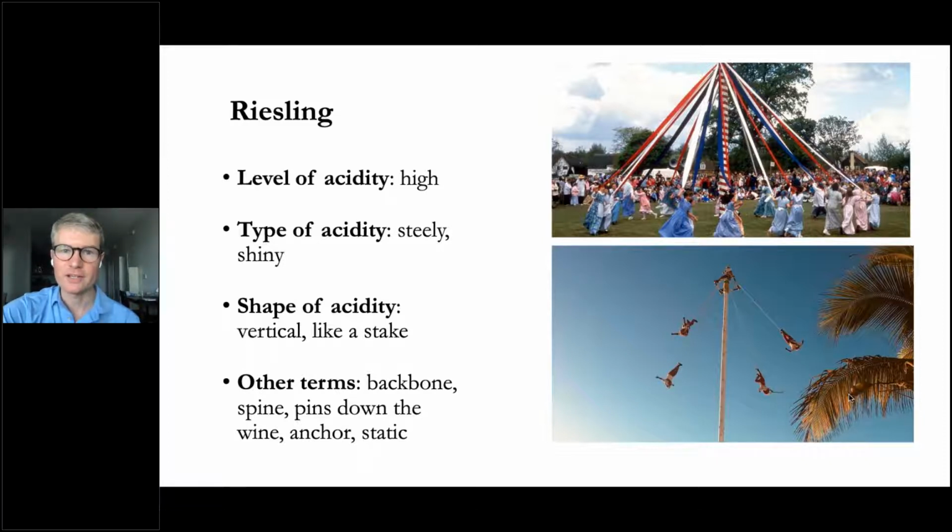Okay, any more questions about Riesling? Does everyone understand the concept of a vertical acid structure? This sense of a wine being pinned down in place so it doesn't move, it's kind of static, and the other elements of the wine, the body of the wine, are built around that backbone, that spine of acidity.